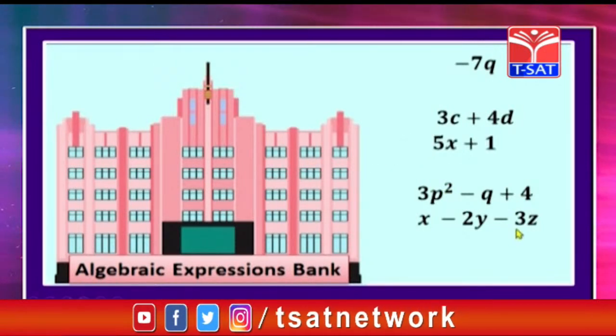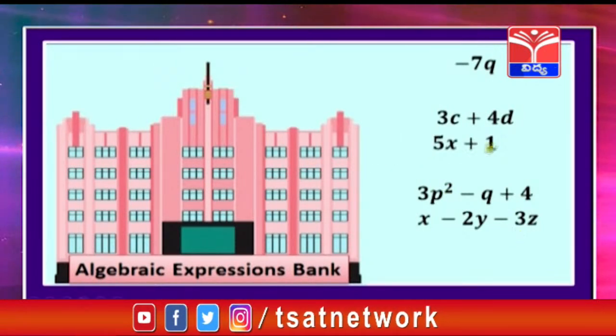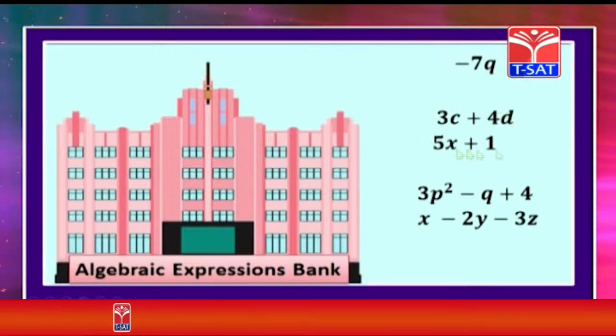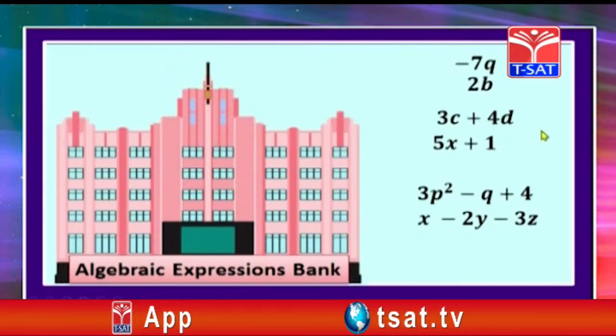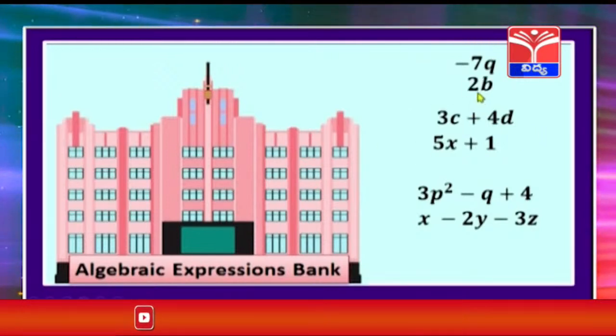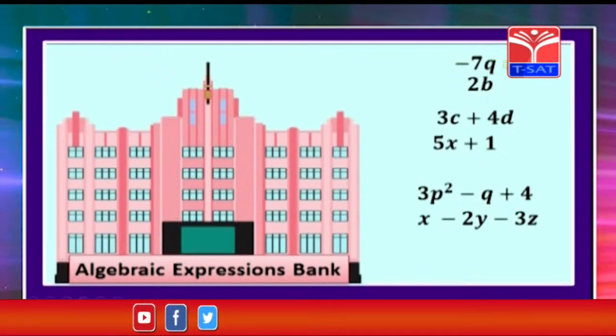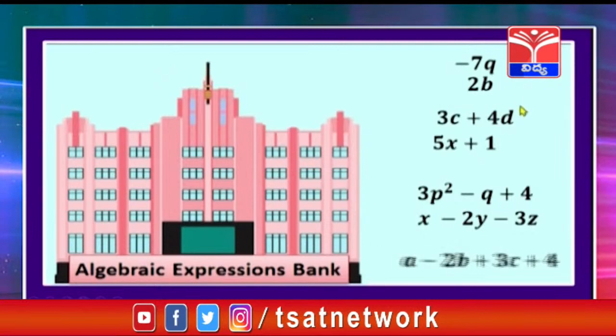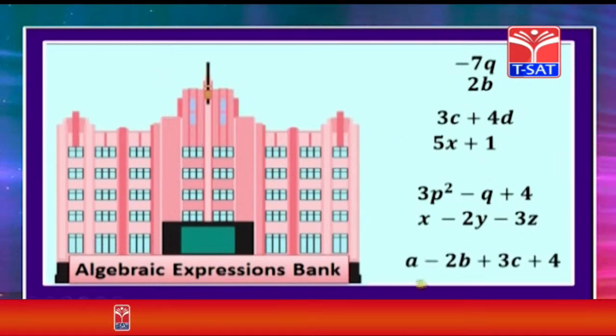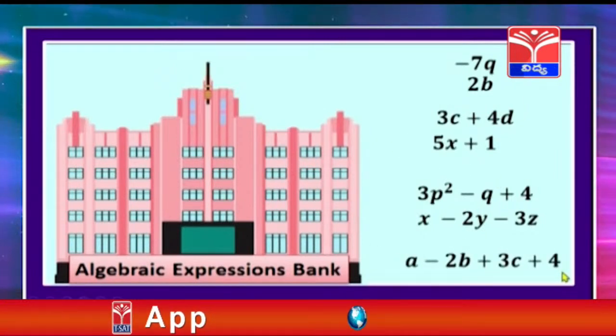And the next one is 5x plus 1, it has two terms, I am writing it just below this, so that these two examples have only two terms. And then I have another one, that is 2b, a single term, I am just placing it below the other single term algebraic expression. And finally I can see another expression having 4 terms.